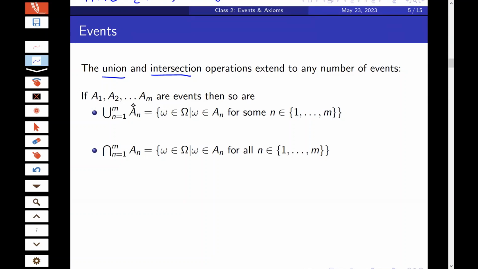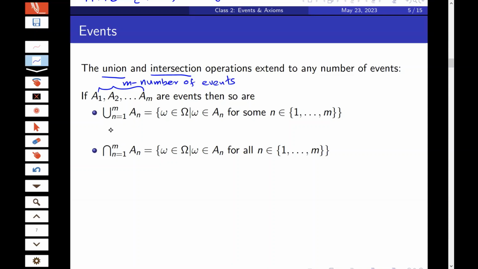Suppose A1 to AM are events. Here we have M number of events.